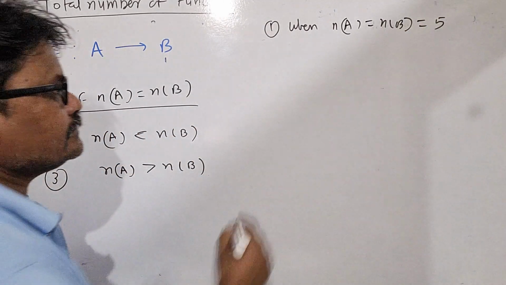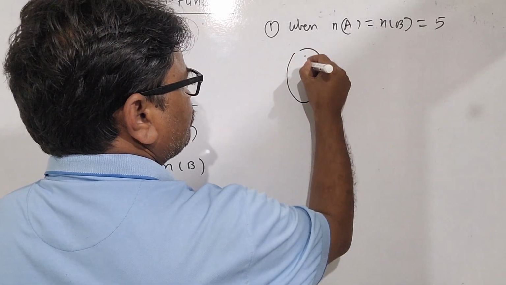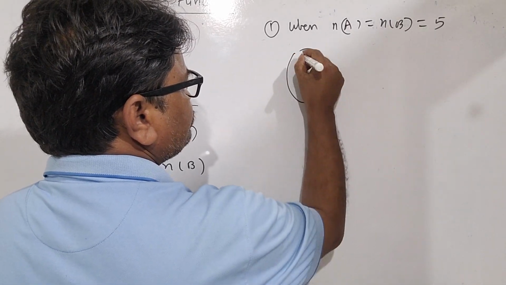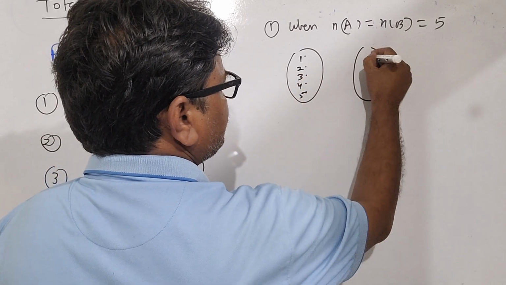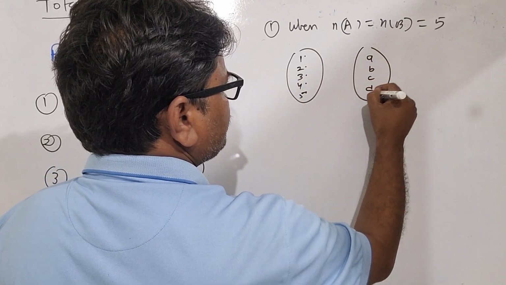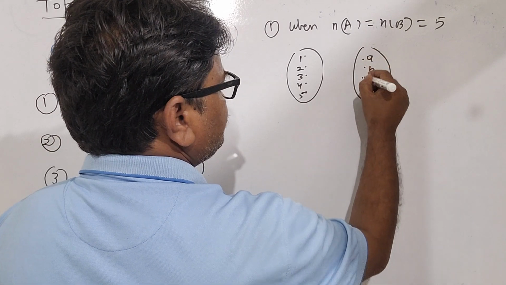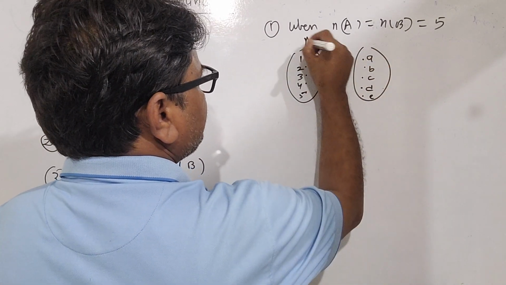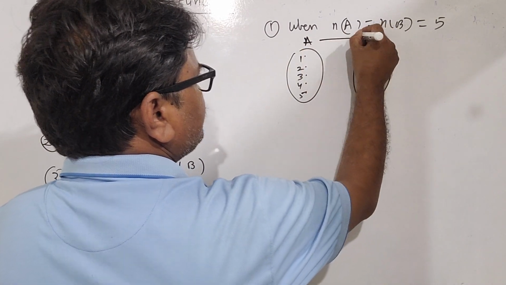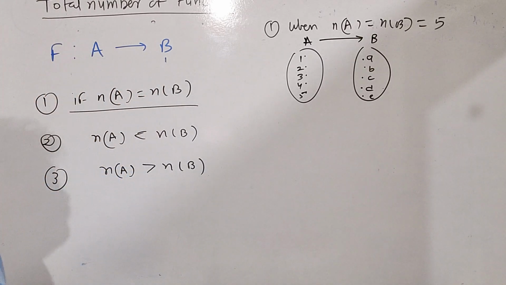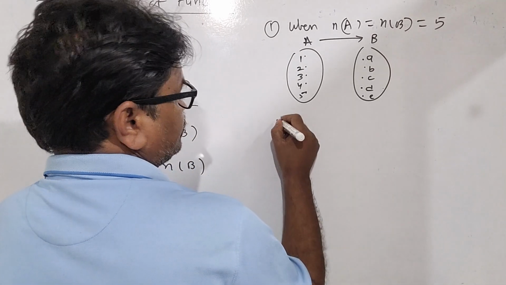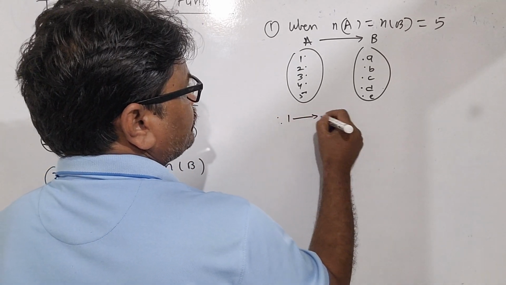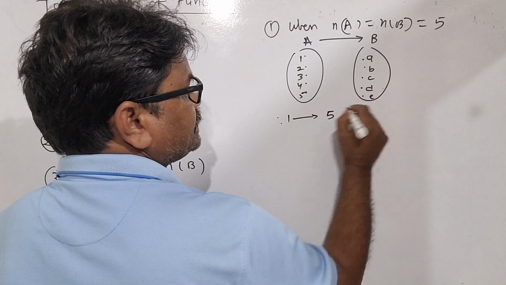So in that case you will have 1, 2, 3, 4, 5 in set A, and A, B, C, D and E in set B. So these are the 5 elements in set A and set B. We are defining the function from set A to set B, where A is the domain set and B is the codomain set.